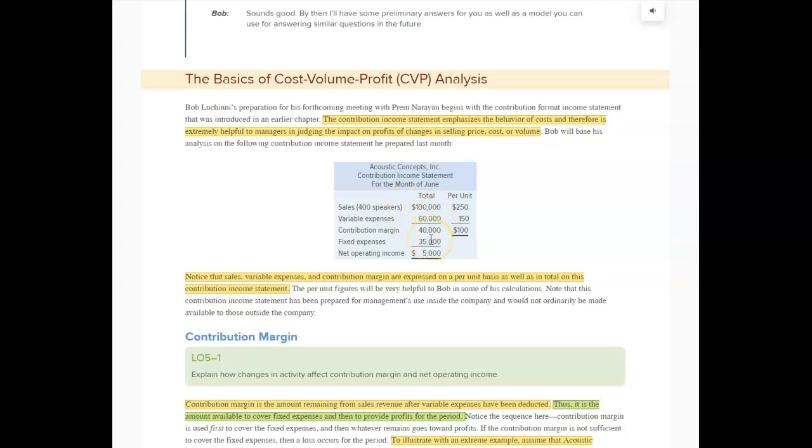In this case, $40,000. And then the $40,000 is used to pay for the fixed expenses. After those are taken care of, then we have net income, in this case net operating income. So this is a new format income statement in this course. So it's revenue minus variable cost, that gives us contribution margin. Take away fixed costs from that, that gives us net operating income.